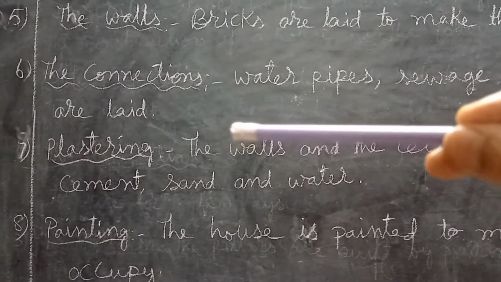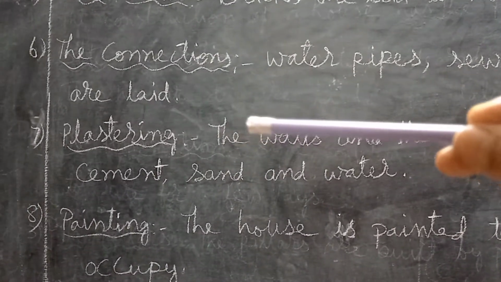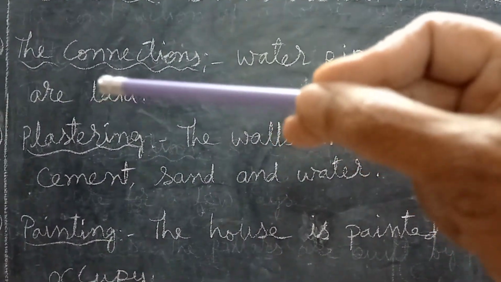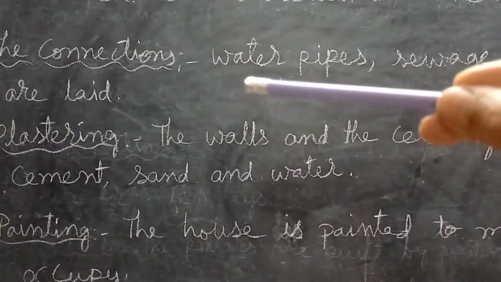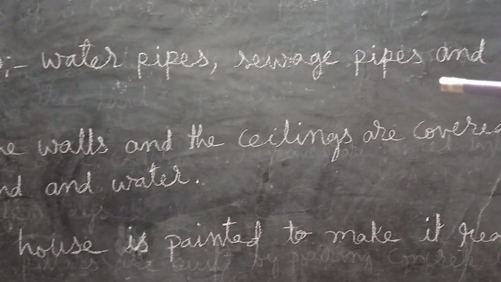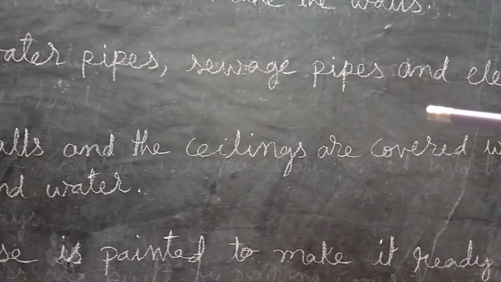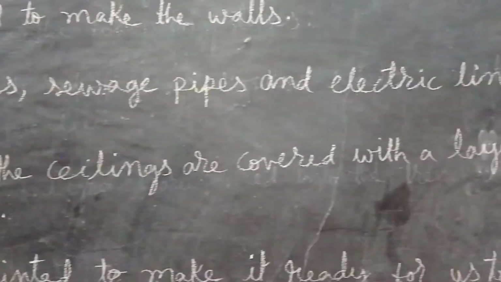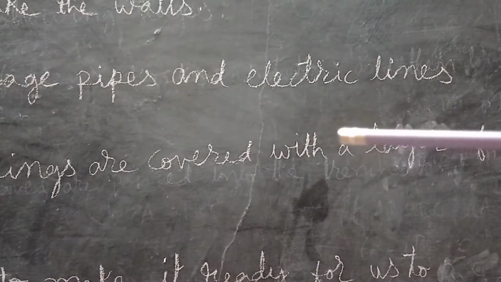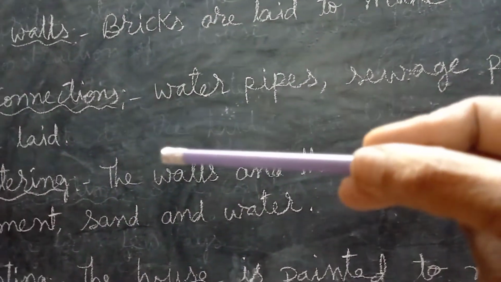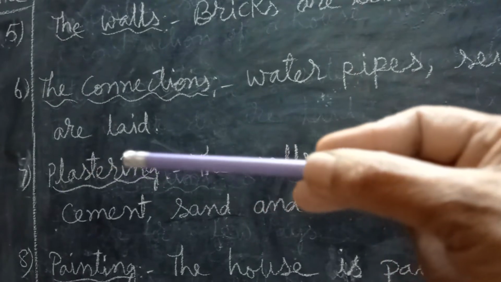Then sixth stage, the connections: water pipes, sewage pipes and electric lines are laid.